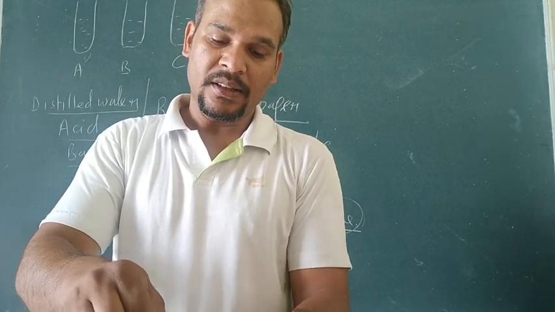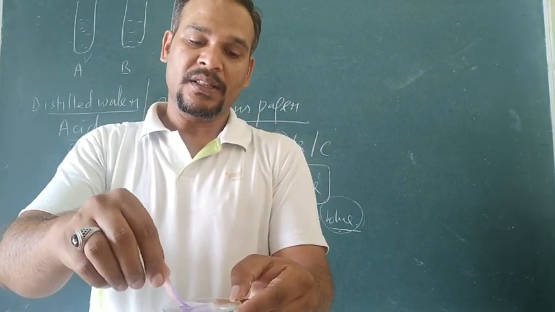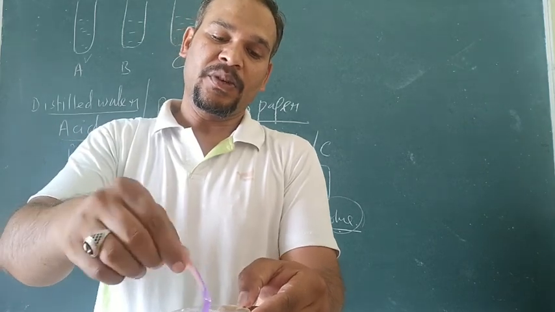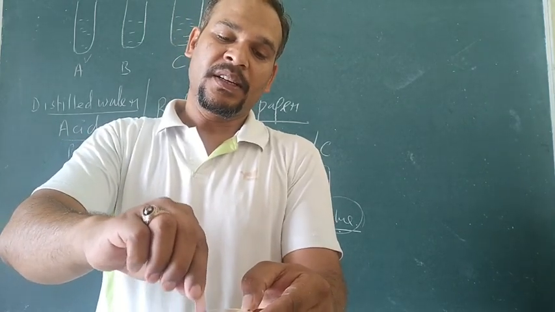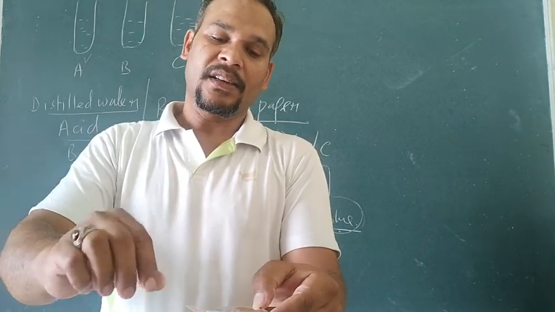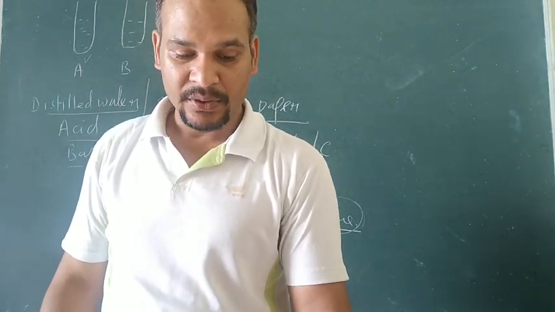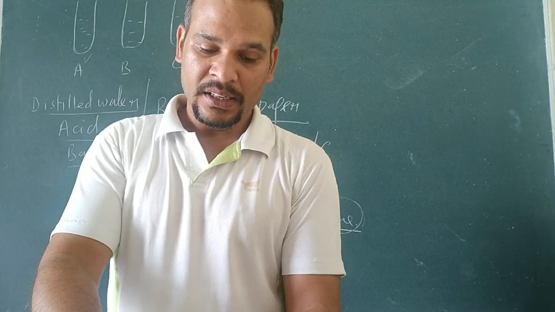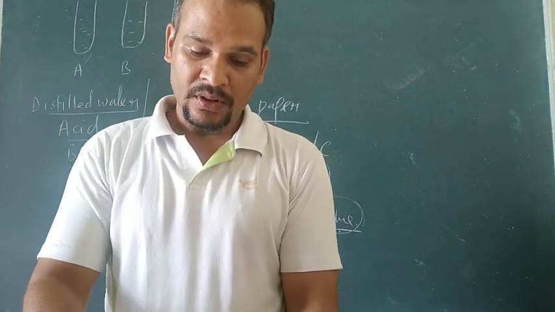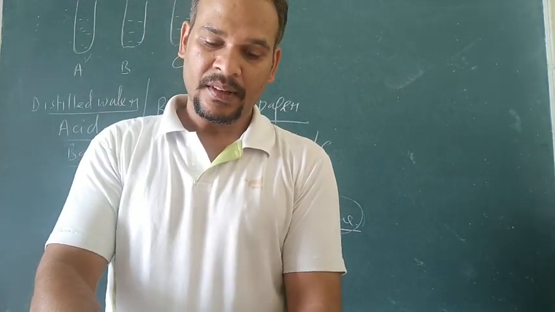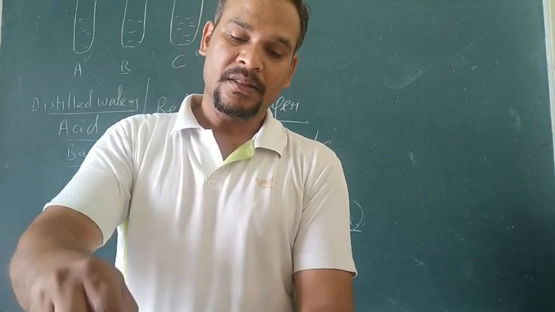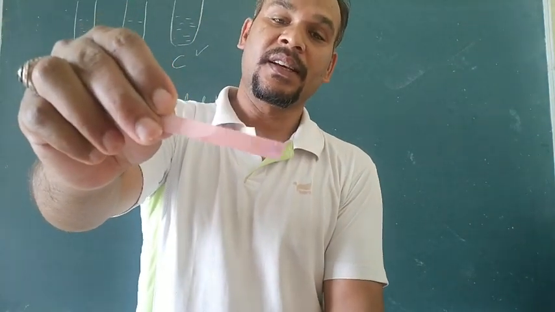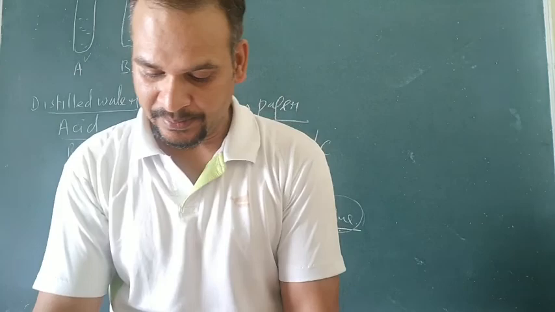See the changes in the litmus paper is appearing. That means again it will be neutralizing its effect. After a while we can see this totally changes into the color. See the changes in the color is appear.